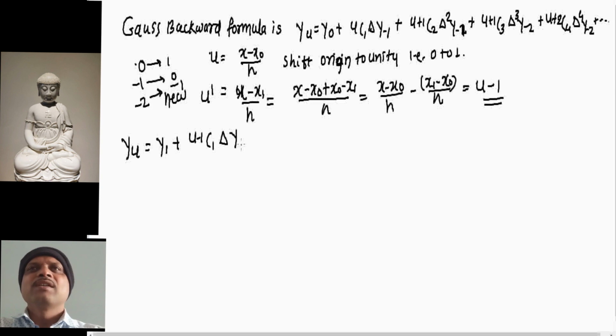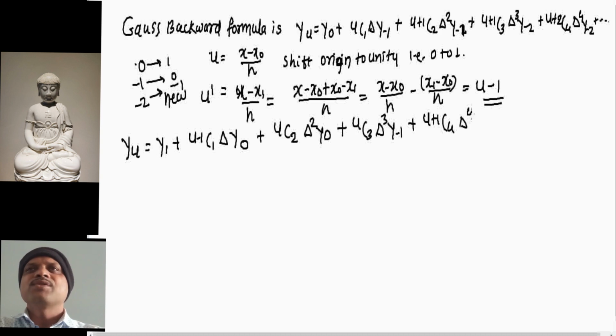In this manner, this y at minus 1 will shift to 0, plus u plus 1. So this will be u c2 delta square y at 0 plus (u plus 1) c3 delta cube y at minus 1 plus (u plus 1) c4 delta raised to 4 y at minus 1 plus. Let us call this equation number 1.